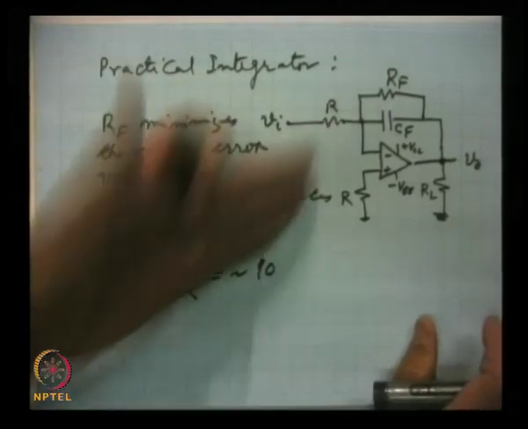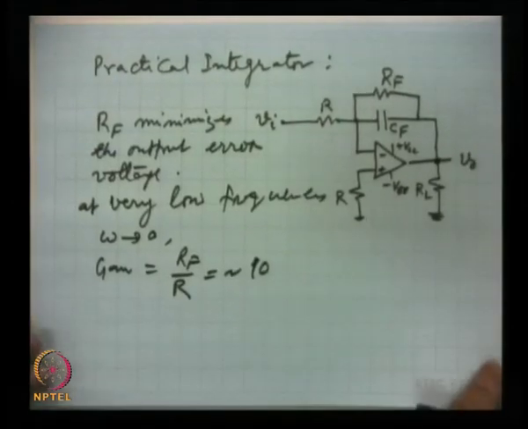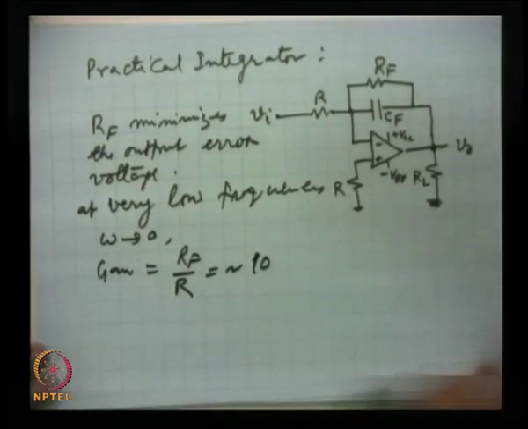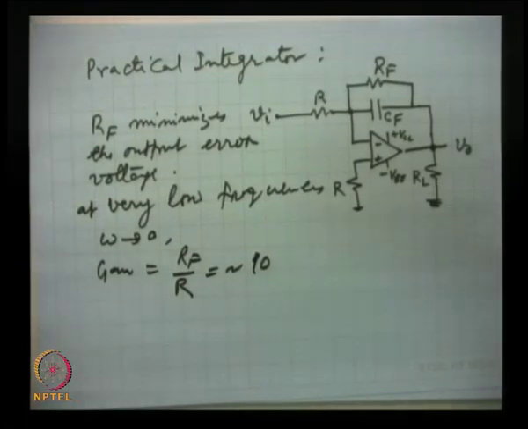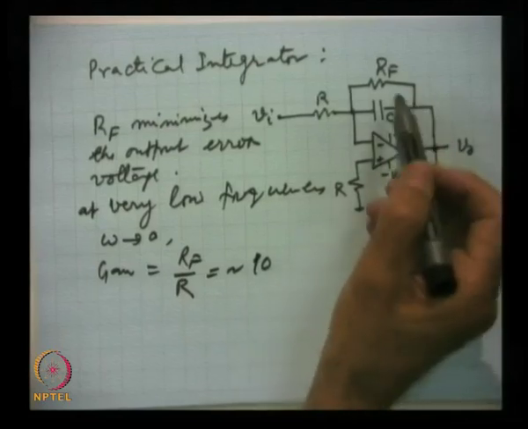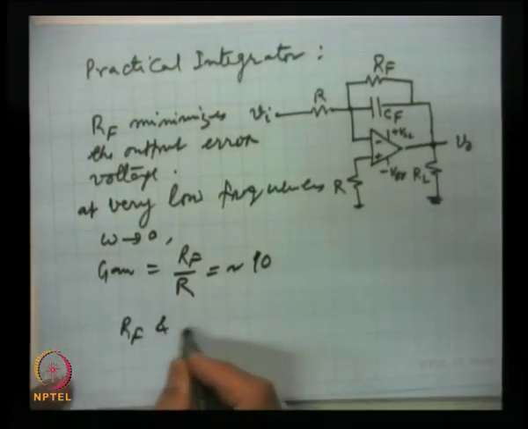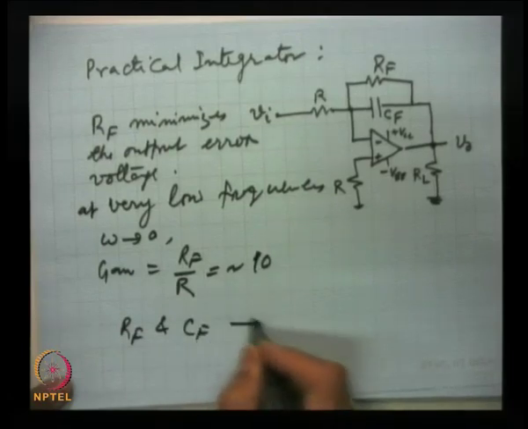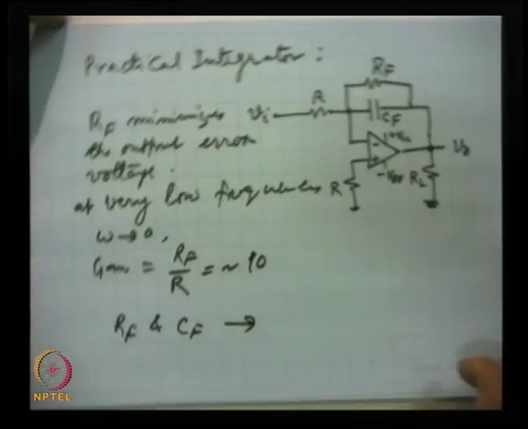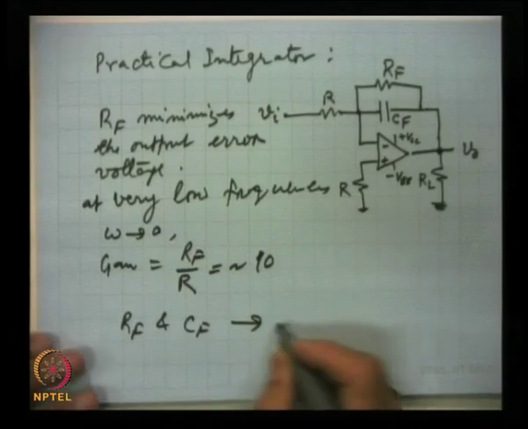So this takes care of the problems, but it puts a limitation. True integration will be there only when the combination of RF and CF produces a capacitive impedance.